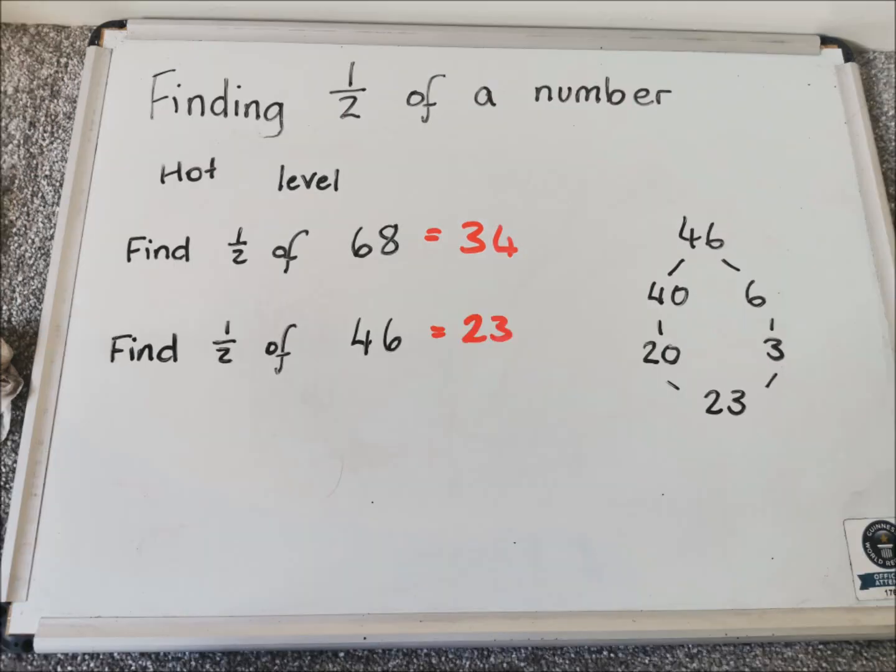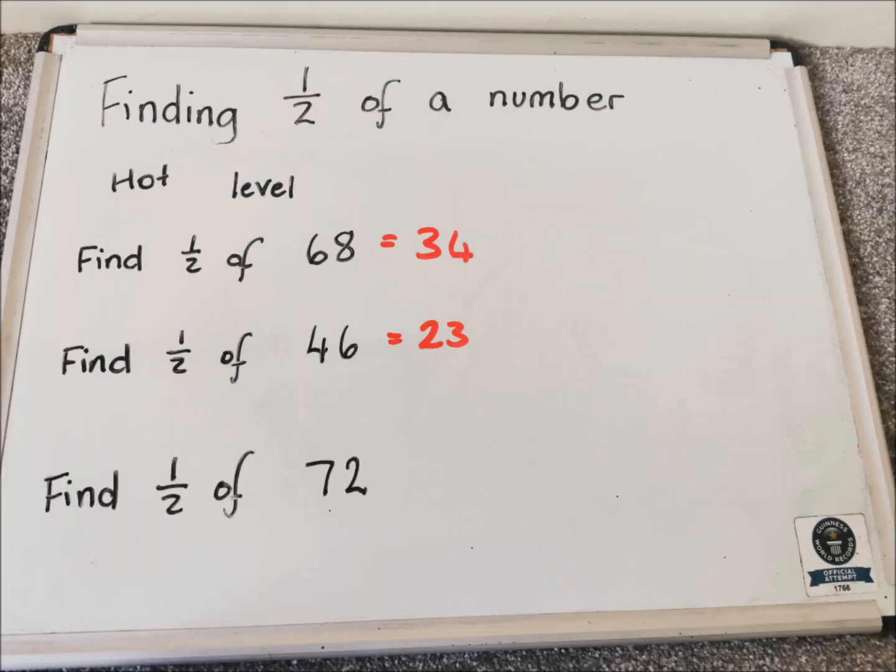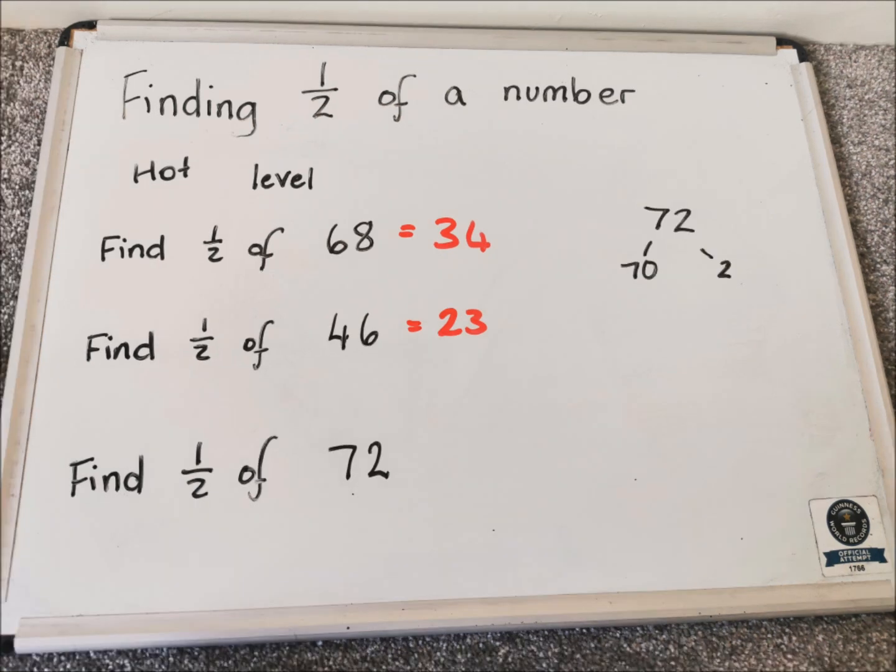We'll do one more together. This one is a little bit tricky. So find half of 72 this time. So let's do a wee side sum. First things first, we partition 72, so we get 70 and 2. Halving 70 was one of our trickier halving ones. So if you need to go back in the video to find that answer, or if you made your flashcards or poster, you can have a look at what half of 70 is.